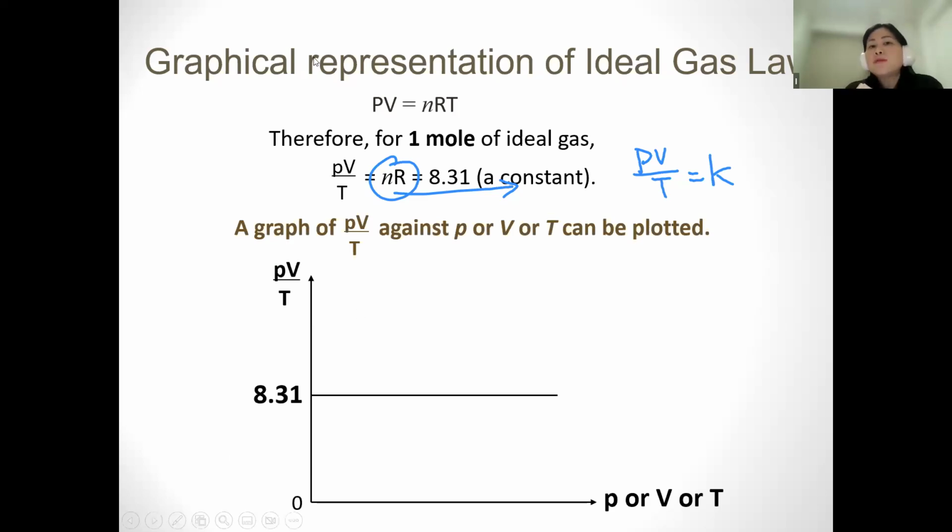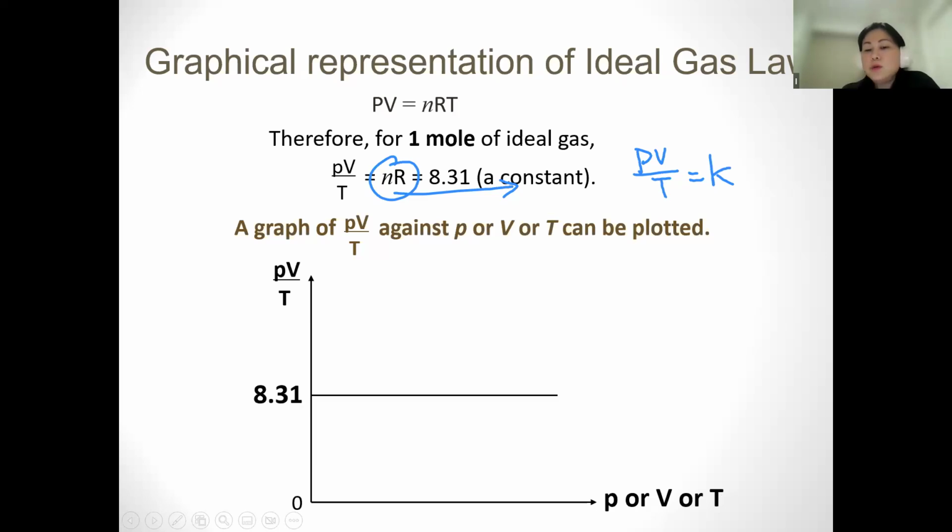Okay, I repeat that. From this equation, if we are looking at 1 mole of gas, N is 1, R is a constant value 8.31. So this side of the equation therefore becomes a constant. So PV over T is K. It's always going to be K, right? So if I plot my y-axis, PV over T, against anything, I plot it against pressure, or volume, or temperature.